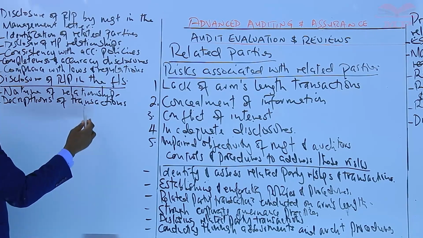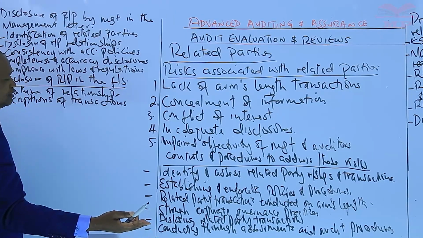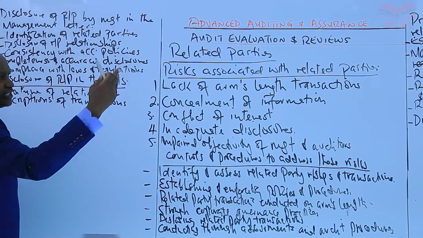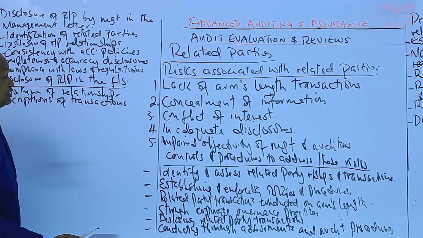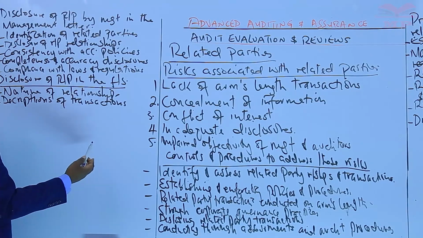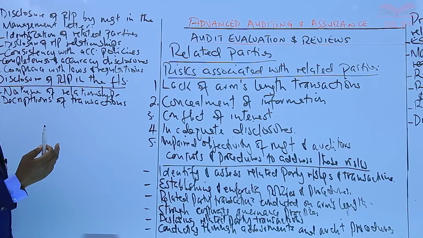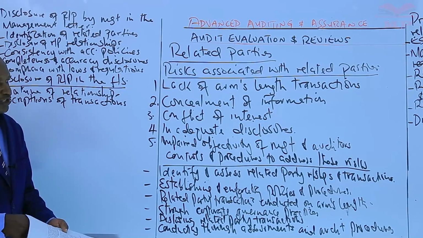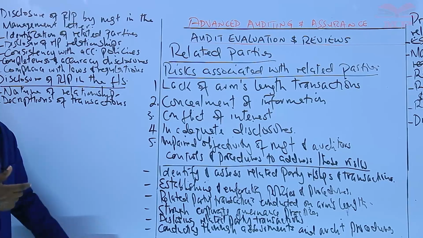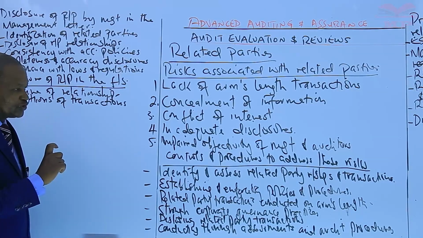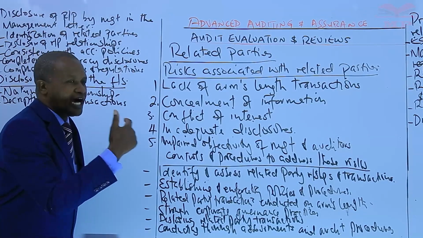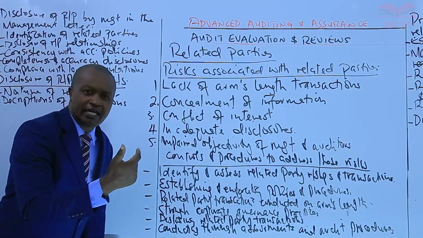This relationship could be, say, another entity. It could be a key personnel manager or whatever, but there also ought to be description of transactions. Once related parties have been identified, then there ought to be information on the description of the transactions that the related parties have with the entity.